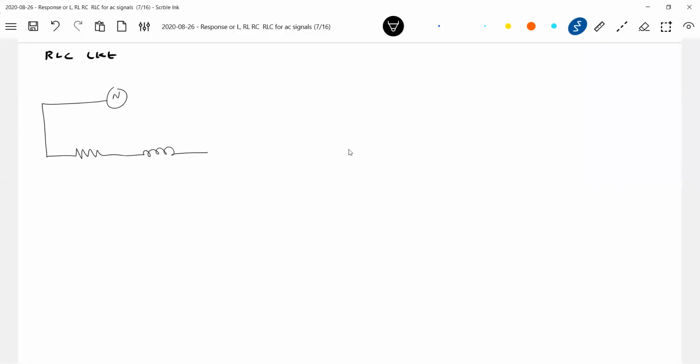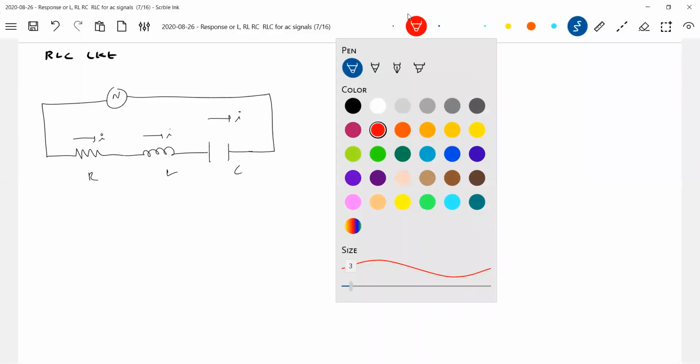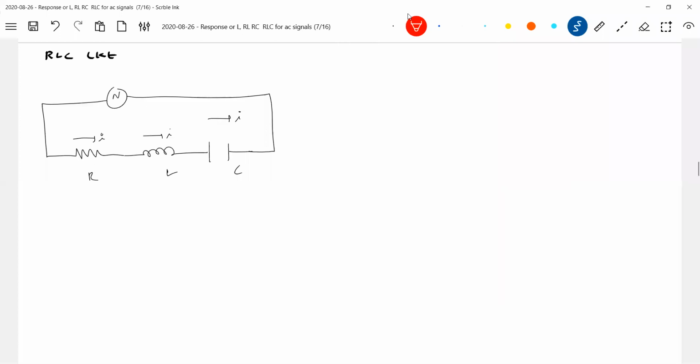There's an inductor, there's a capacitor. How to write the phasor diagram first. Let me assume current is of zero phase. Zero means it is understood. The current will be like this. Across the resistor, the current will be in phase.